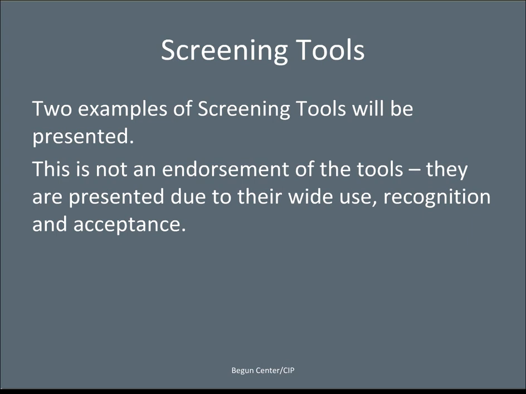So we're going to talk about, and obviously very briefly because we just have 10 minutes left, but that's okay, we're just going to introduce two screening tools and two assessment tools.